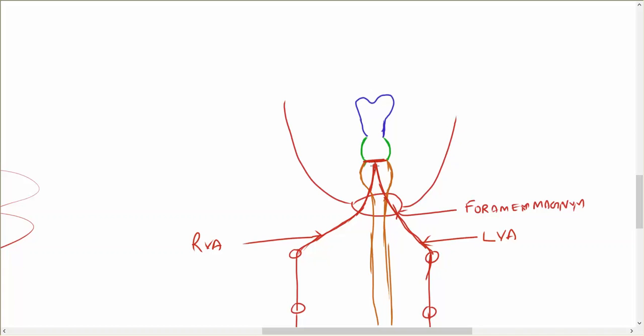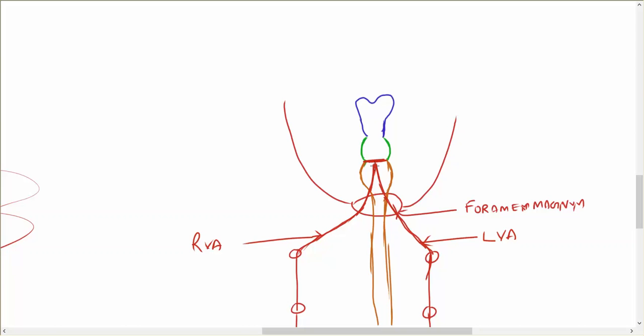Here I want to stress one more point. Once they enter the foramen magnum, the brain is covered by the meninges: dura, arachnoid, and pia. First they pierce the dura, then they pierce the arachnoid, and then they go to the subarachnoid space. In the subarachnoid space, the vessels are just floating in the cerebrospinal fluid.